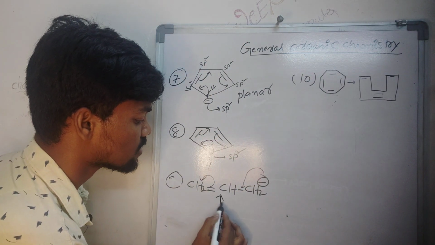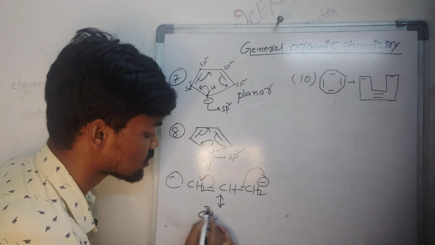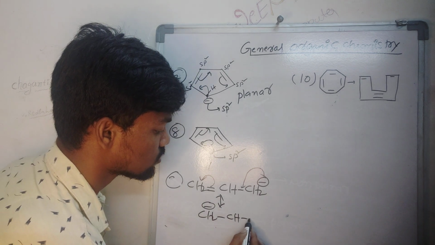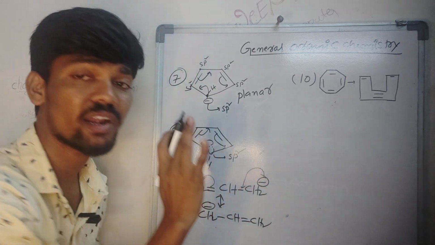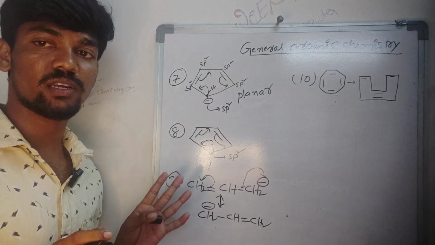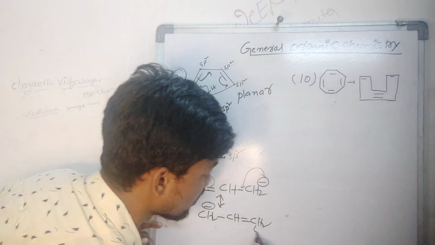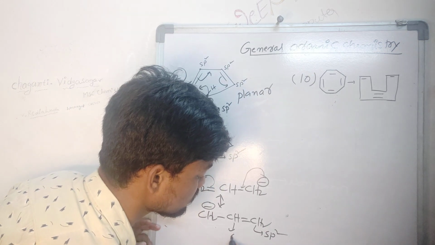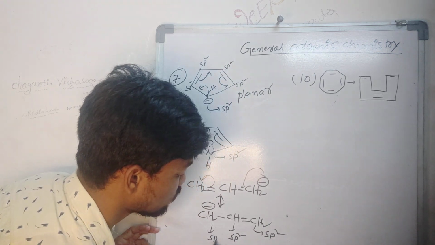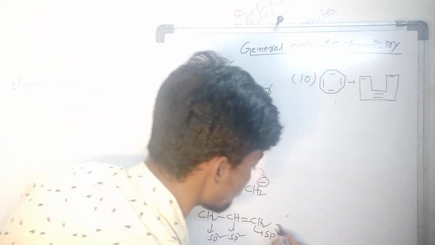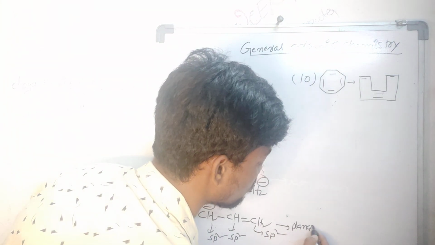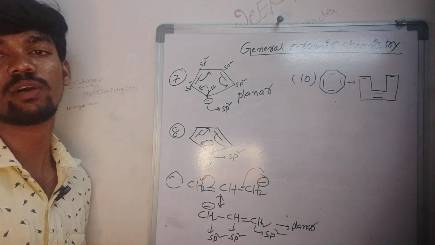So finally, a resonating structure will be formed. CH2 minus, CH2. It is not an sp3 carbon. It will be sp2. All are sp2. So that's why it's a planar molecule. Okay.